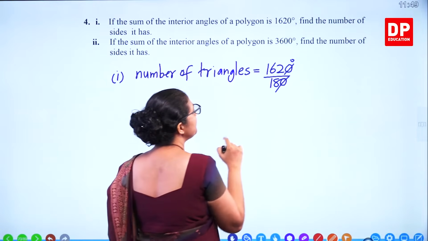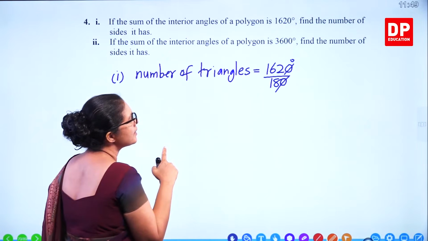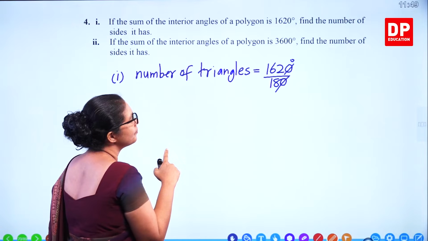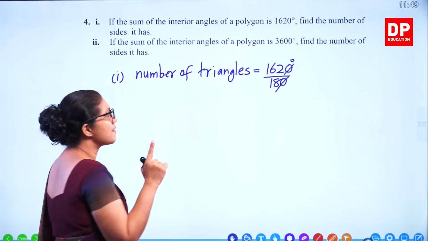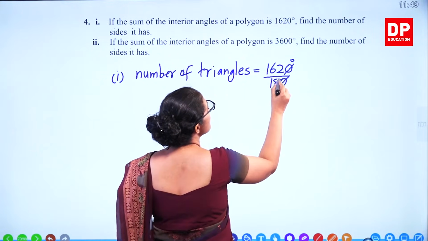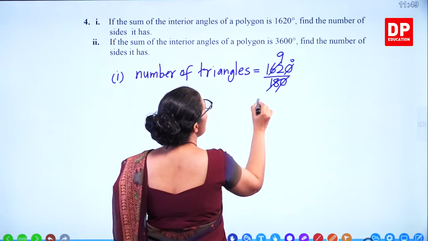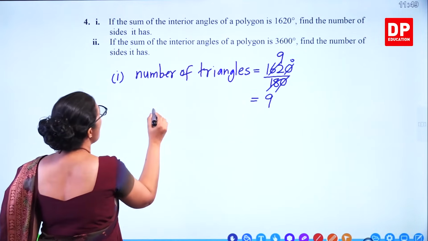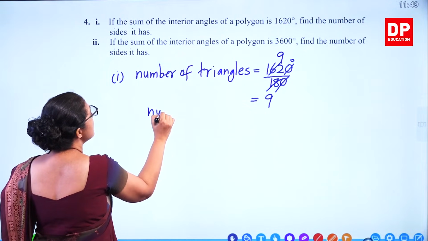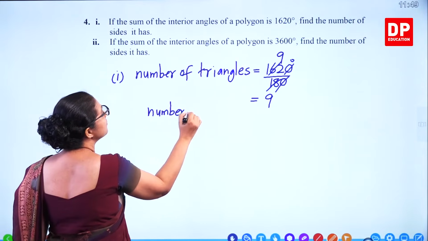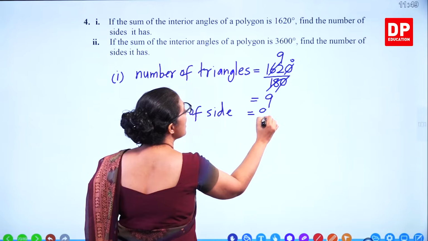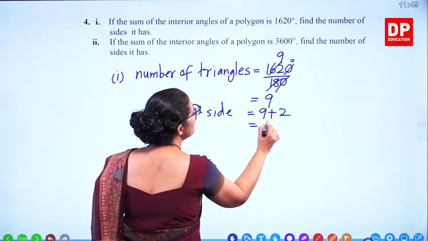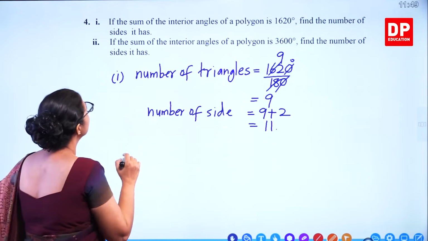So what's the value? You get 9. 9 times 8, 72. 9 plus 7, 16. So 9. 9 triangles are there. So how many sides? You have to add 2 to that. 9 plus 2, 11 sides are there.